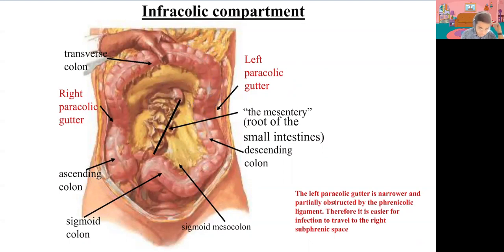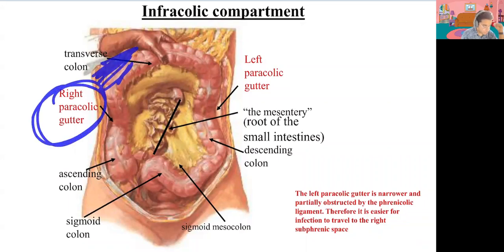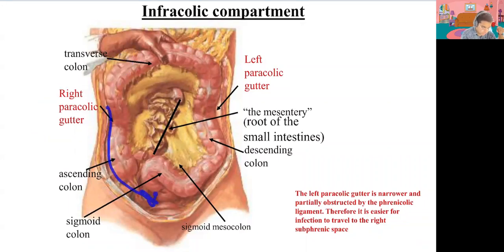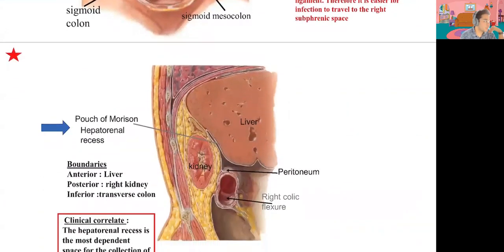But if there's any sort of infection, it can quickly travel to the subphrenic space because there's a direct link that holds all these organs as well as your internal reproductive organs together in your body cavity. Because remember, nothing's ever just freely floating around in your system. Everything's tied together by ligaments and connective tissue. Except if you have any sort of bleeding on this side, the right paracolic gutter can go directly down, and guess where it'll go? The lowest most points of our system.